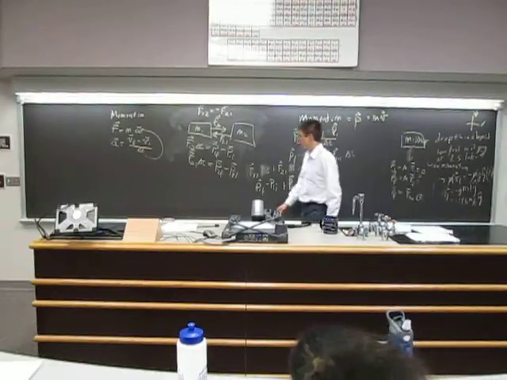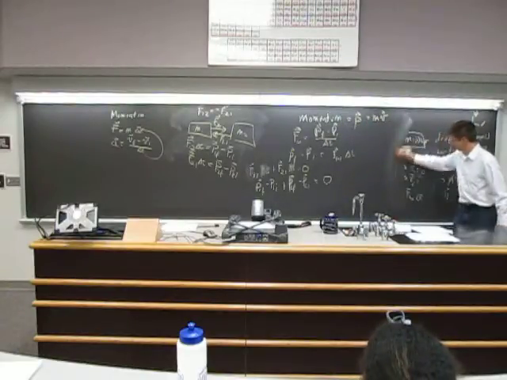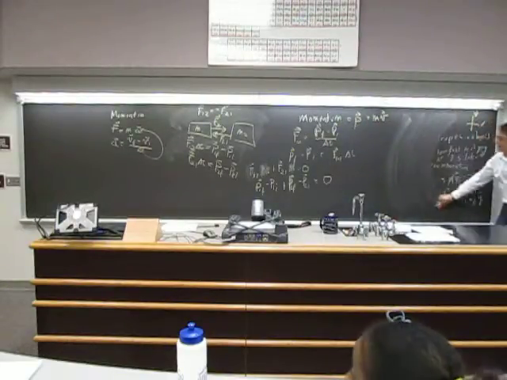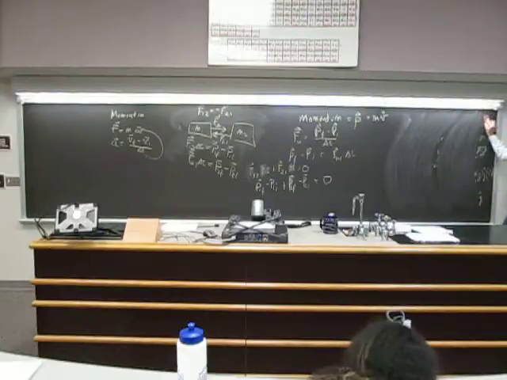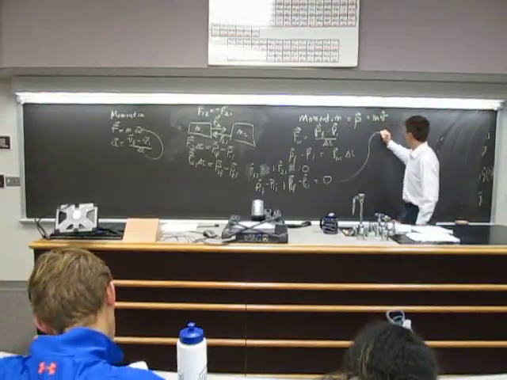Now what we end up with, and then we're almost done. But this is a derivation. I'm going to group together those things that are initial, and I'm going to group together the things that are final.